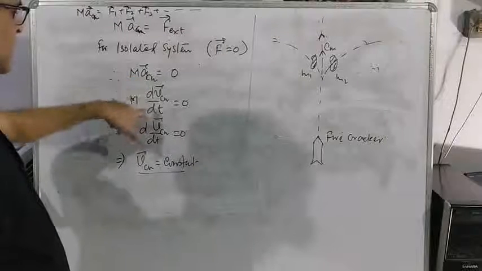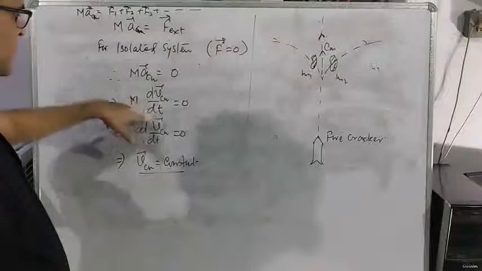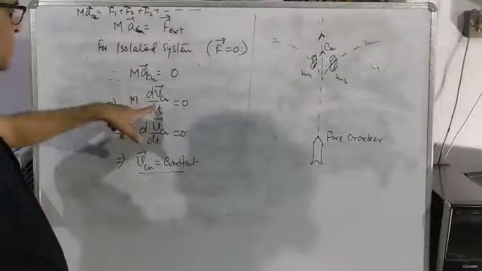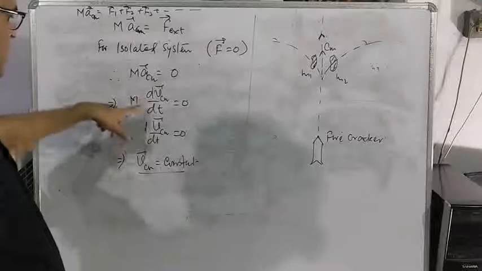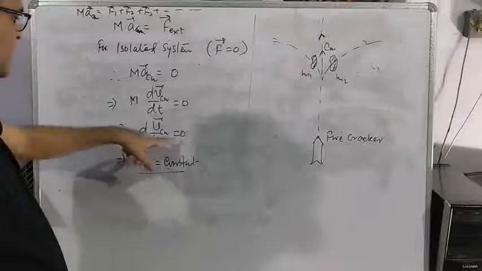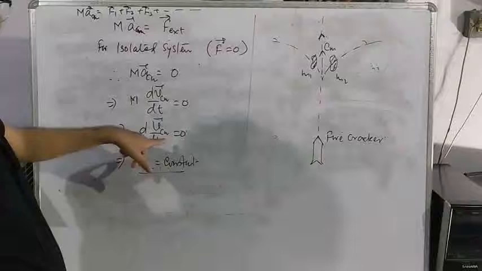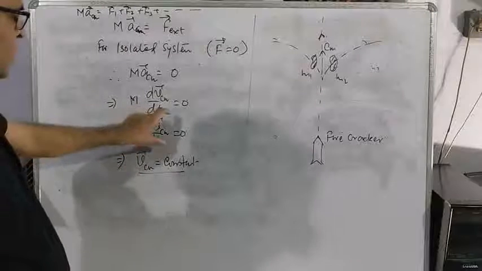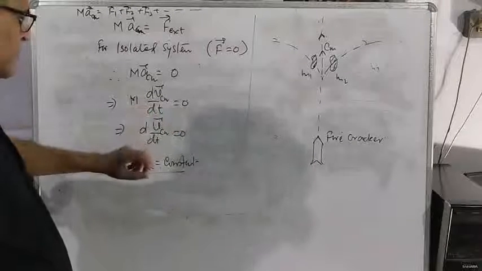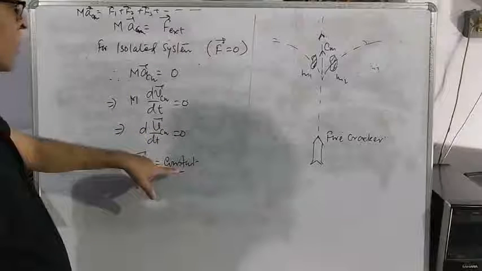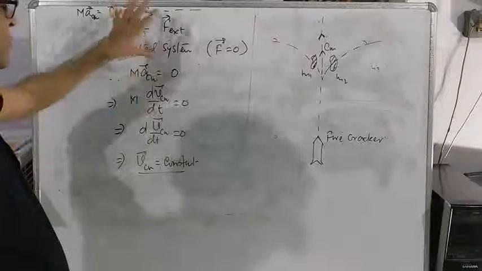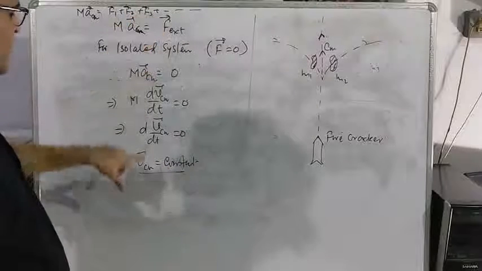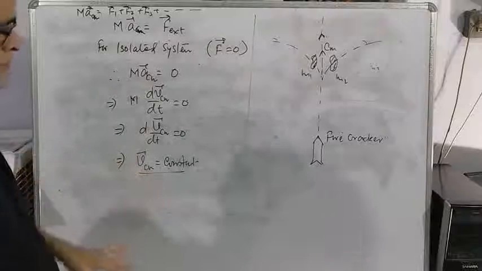ACM can be written as dVCM by dt, the rate of change of velocity is called acceleration. From here you can write this, and you already know that differentiation of a constant is 0. So therefore VCM is a constant. Means if no force is acting on the body, its velocity will remain constant.